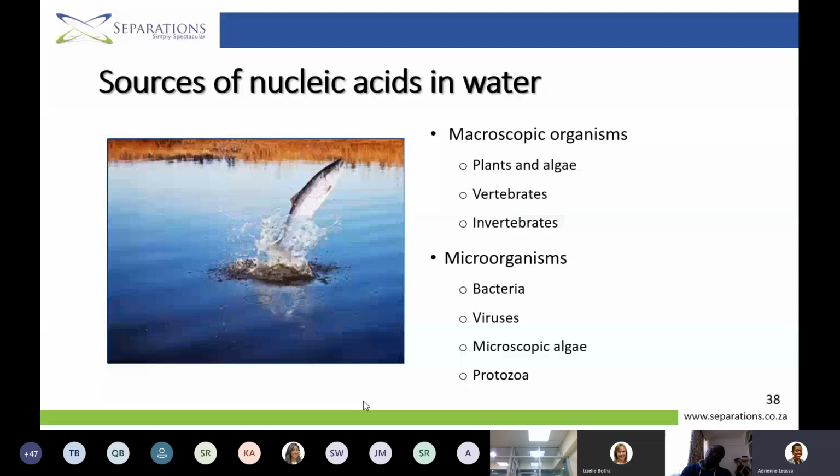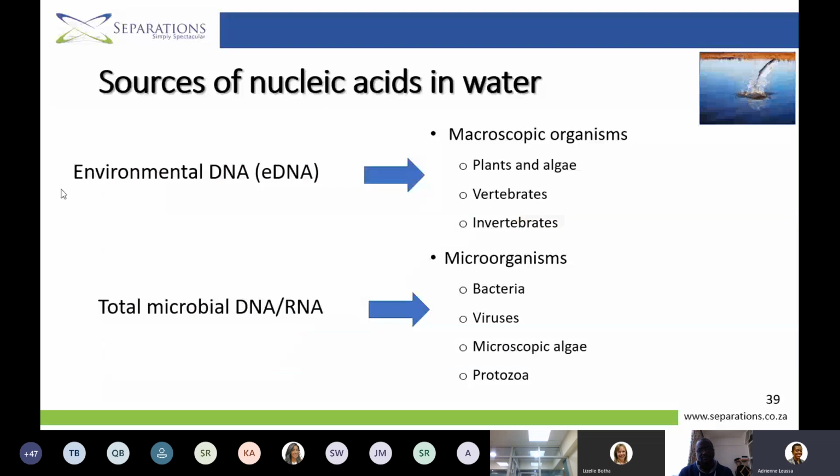You have your macroscopic organisms, and you then have your microorganisms. And this will then consist of two different groups of nucleic acids that are usually of interest. In the later part of this section, I'll talk about the environmental DNA, but initially we'll just talk about how to isolate, and what the interests are in isolating, the total microbial nucleic acids from water.